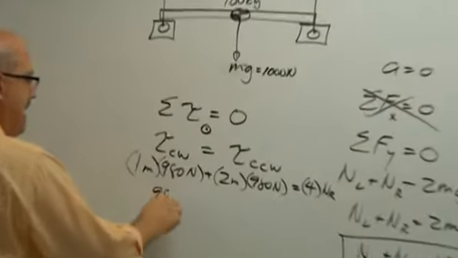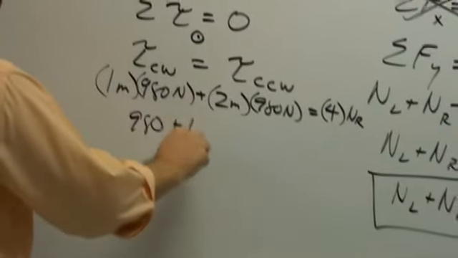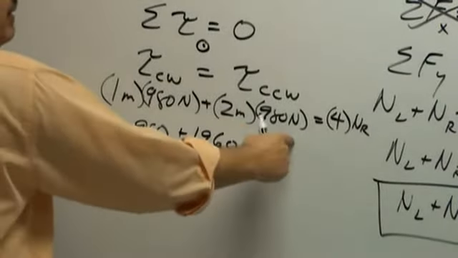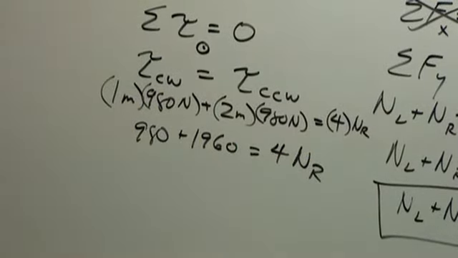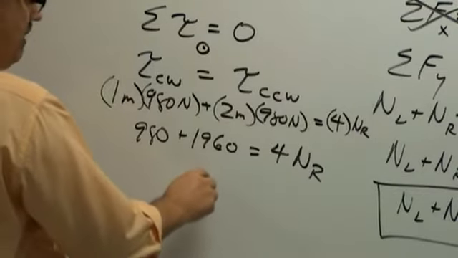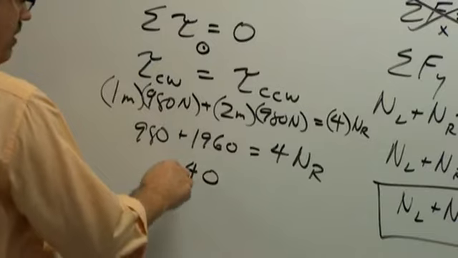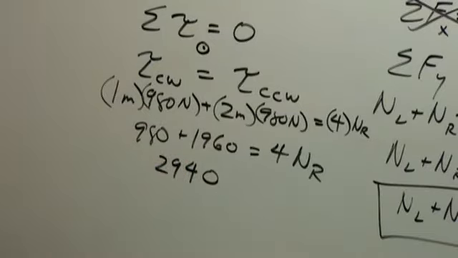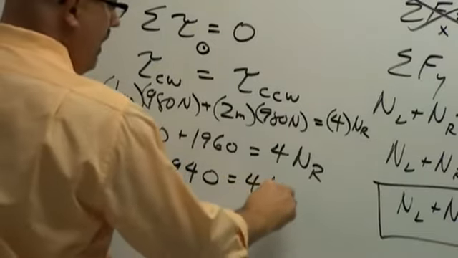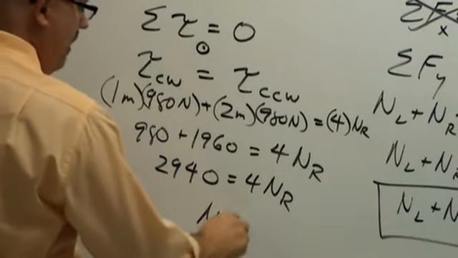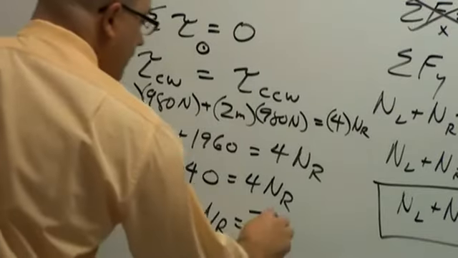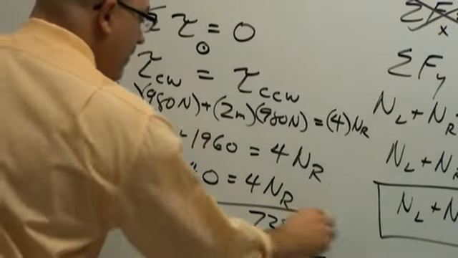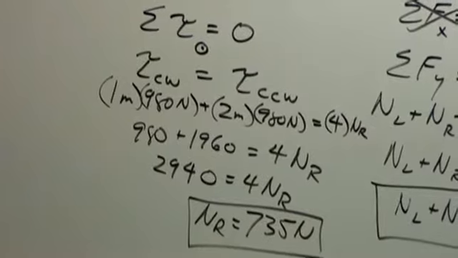I've got 980 plus 1960 equals 4 N_R. So 2940 equals 4 N_R. So N_R equals that divided by 4, which is 735. So the force on the right is 735.